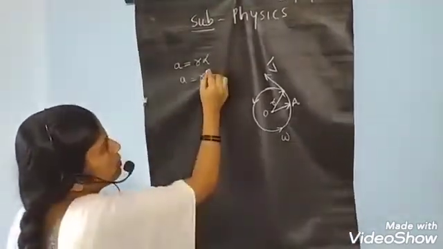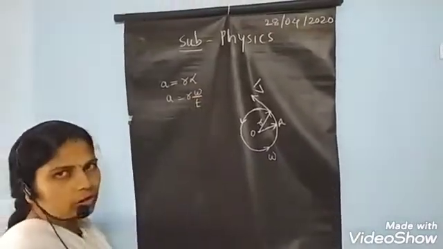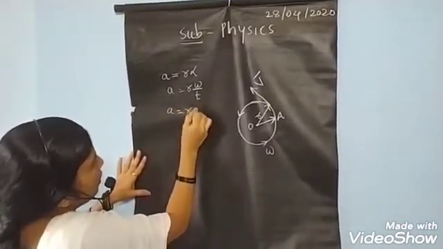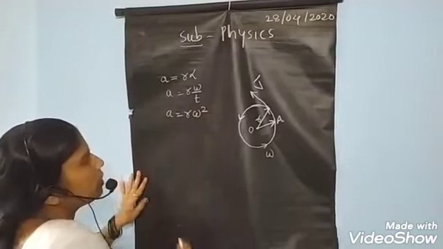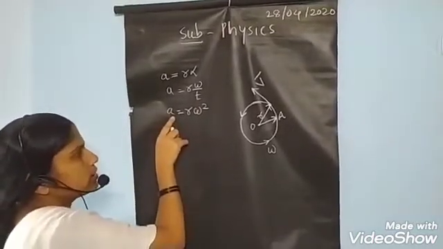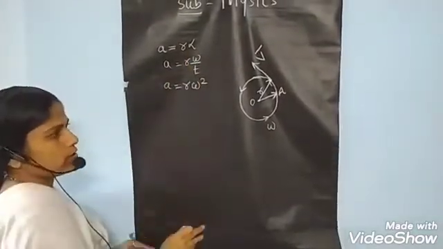Therefore, this equation can be written as r omega upon t, or in one more form, a is equal to r omega square. It is the acceleration, and this acceleration is called linear acceleration, not angular acceleration.